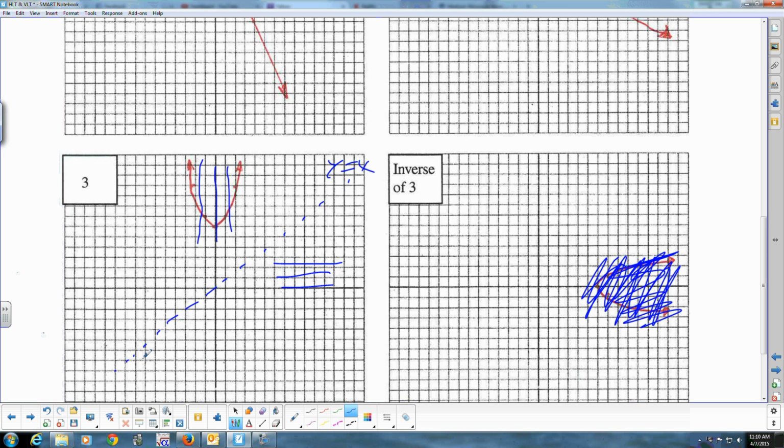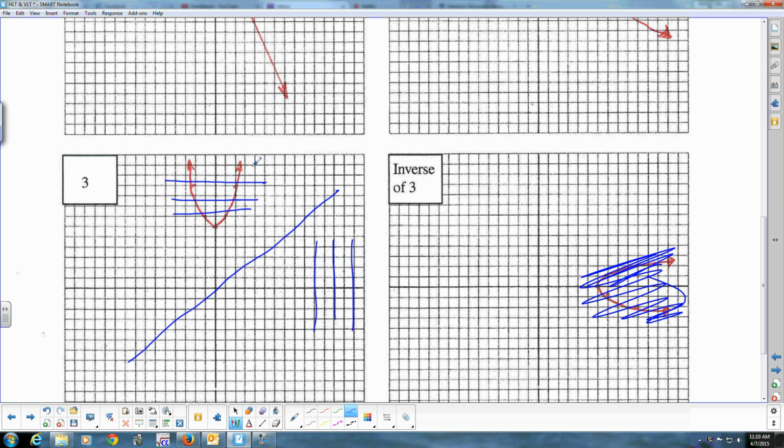All right, now why am I going there? Well, if I test this graph with a horizontal line, in its inverse, when you reflect it, it would become a vertical line. So, like I said, you can't see this graph. You don't know what it looks like. But if you test the original with a horizontal line, you're really testing its inverse with a vertical.